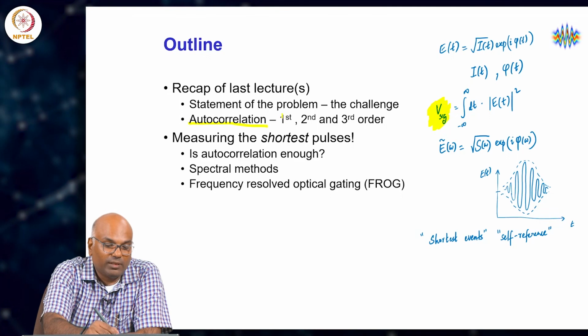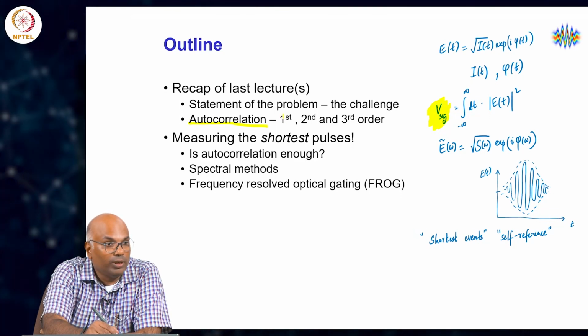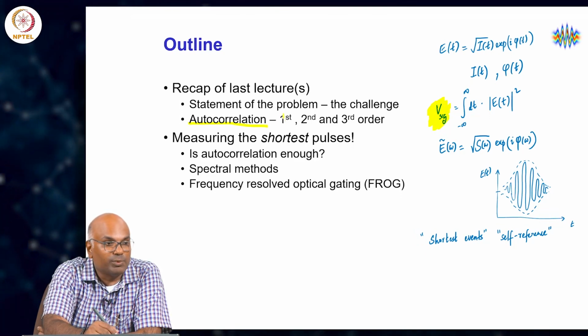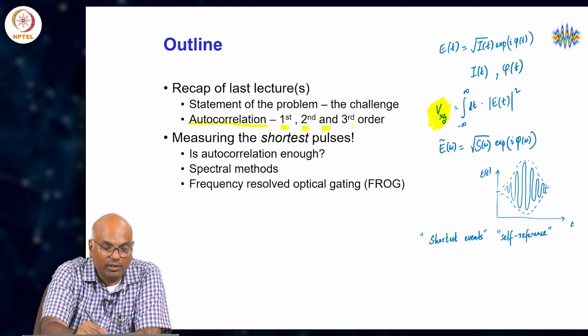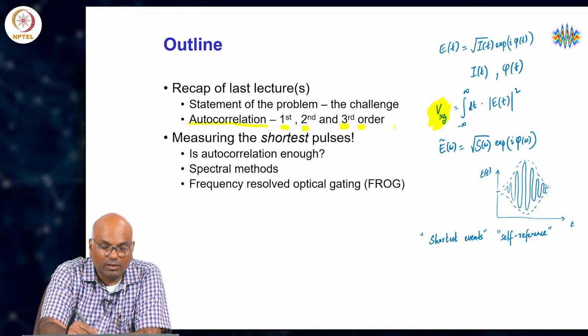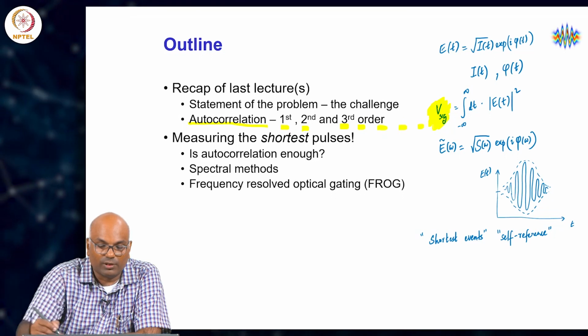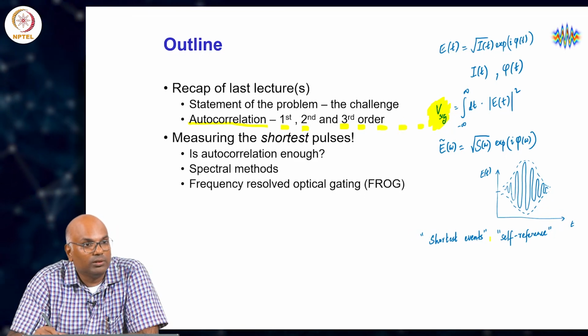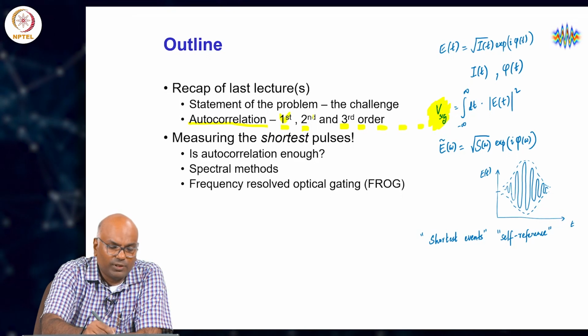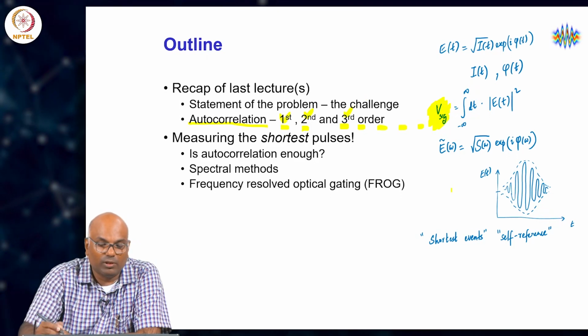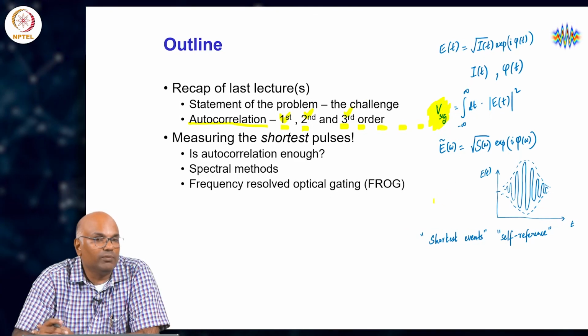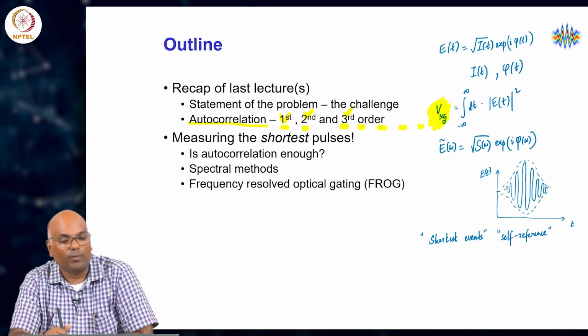We learned that for a more and more complete description of the pulse, we would need higher and higher orders of autocorrelation. So, we have first order, second order, third order. Up to this, we discussed in some detail what these entail.